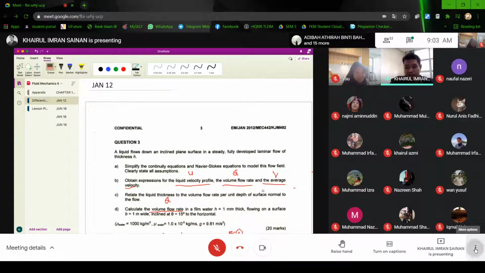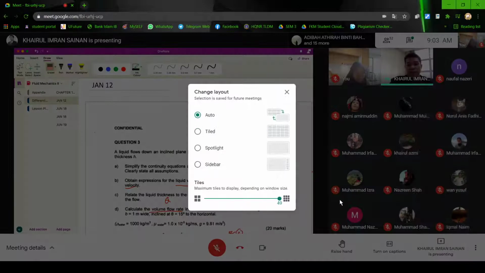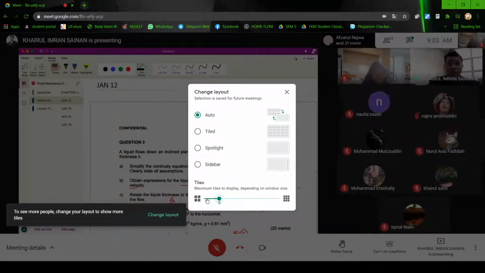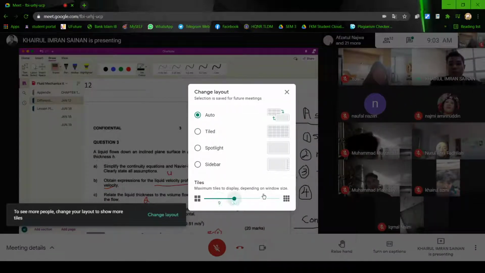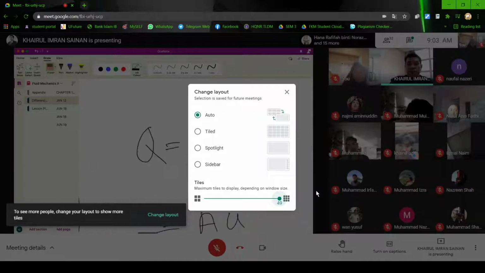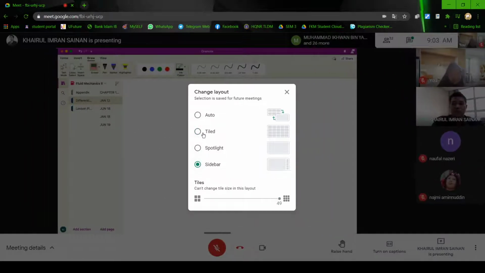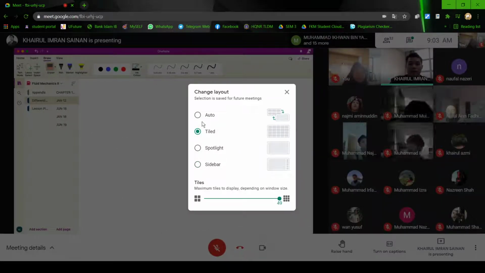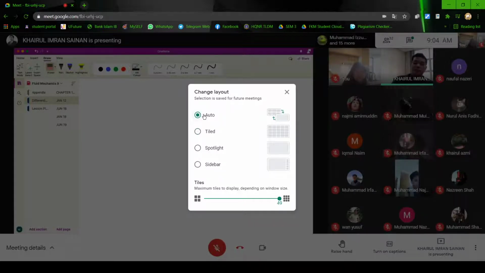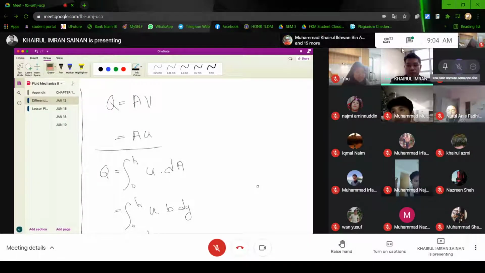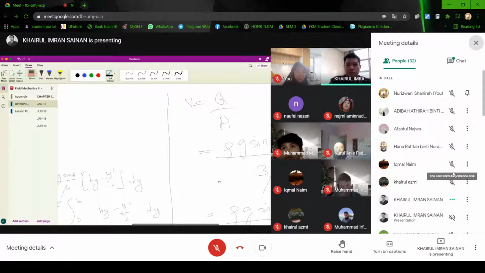Alright, next is once again the expression for the average velocity. So V, or U actually, equals Q divided by A, right?